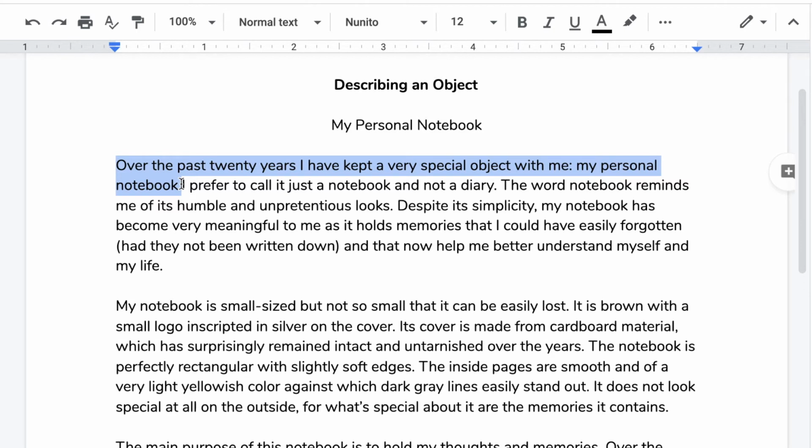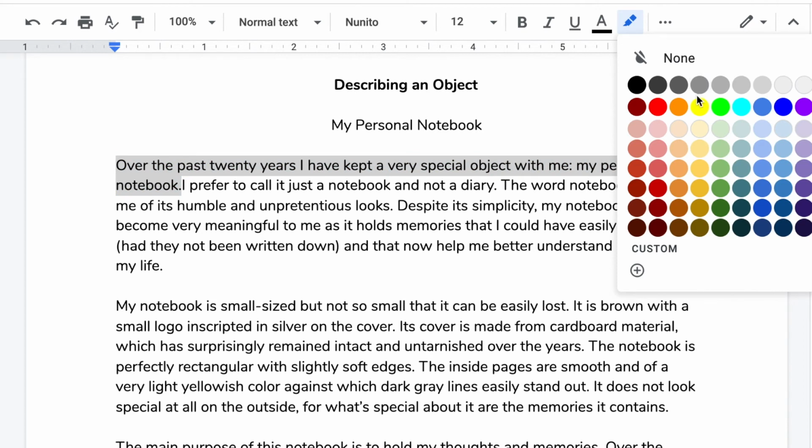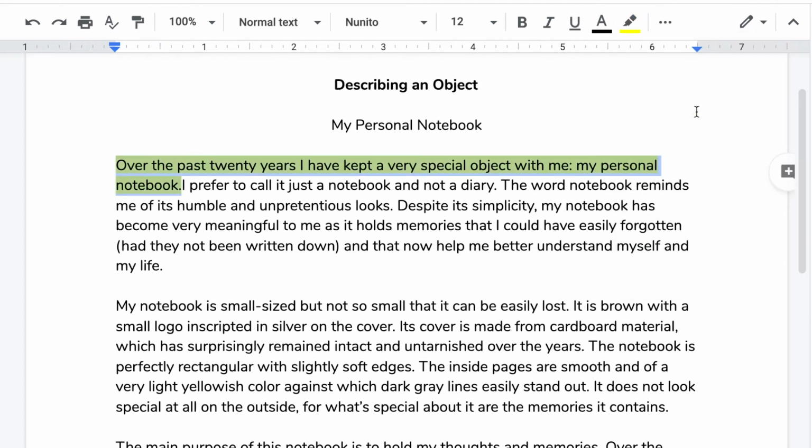The hook here is provided by the fact that the writer states that this is something that he has kept for over 20 years. It's a very special object. So using a little bit of suspense here to get the reader really interested in the description, right? And of course, the writer also introduces whatever it is that he or she is going to describe, the notebook itself, or if you prefer to call it a diary in this case.